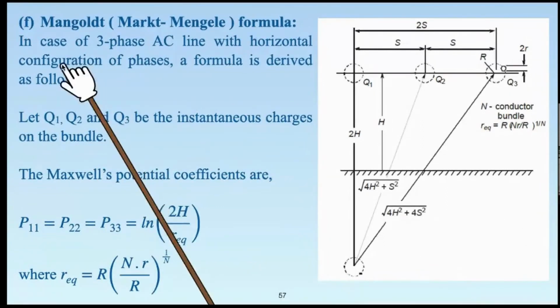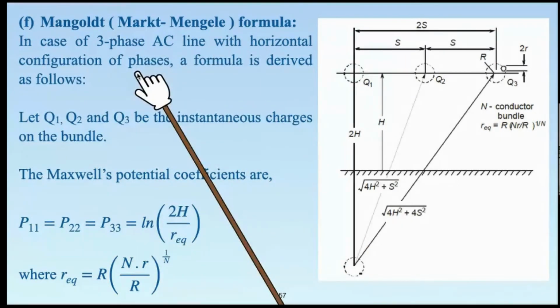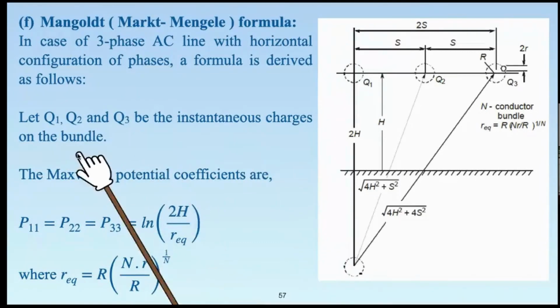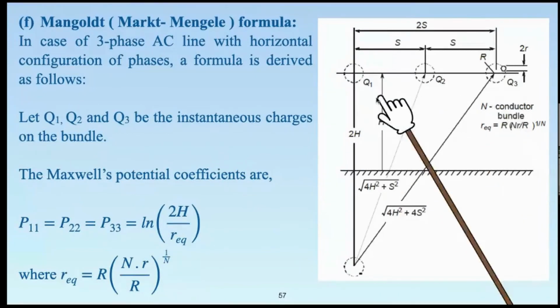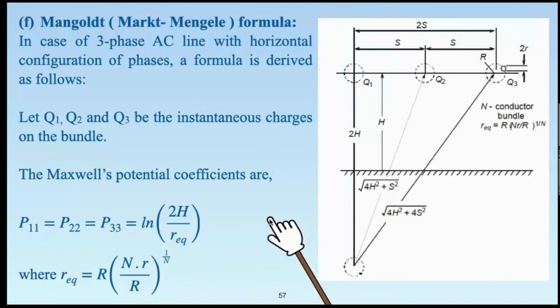So consider a case of a three-phase AC line with horizontal configuration. Let Q1, Q2, and Q3 be the instantaneous charges on the bundles, so Q1, Q2, Q3, let us say for the R phase, Y phase, and B phase.